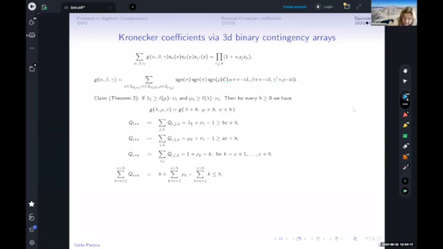And what can we say about the other marginal? Remember, this gamma prime is going to look like something, H, whatever.